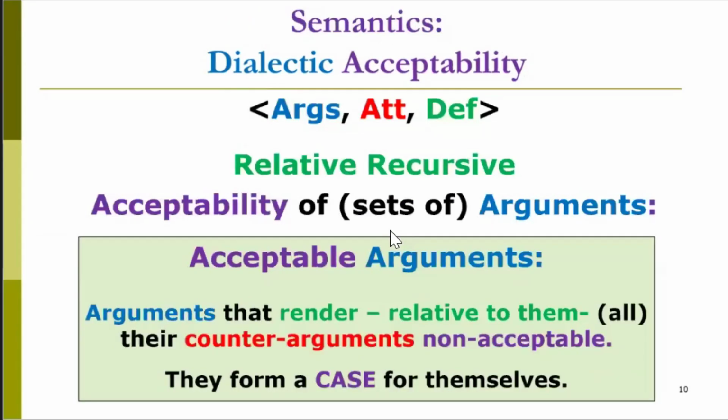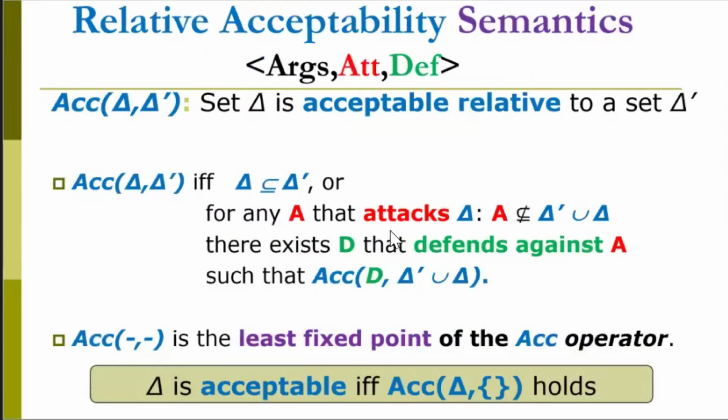Actually, you need to generalize it a little bit. You need to have this kind of relative recursive form of acceptability and say acceptable arguments are those that render, relative to them, all their counter arguments non-acceptable. So this is a nice recursive definition, which can be formalized in proper mathematics through an operator and through a least fixed point of this monotonic operator.